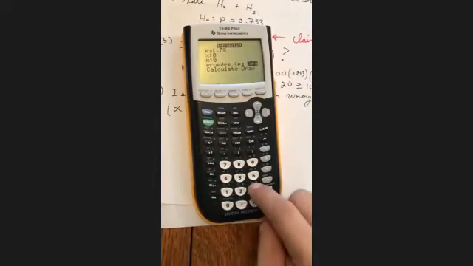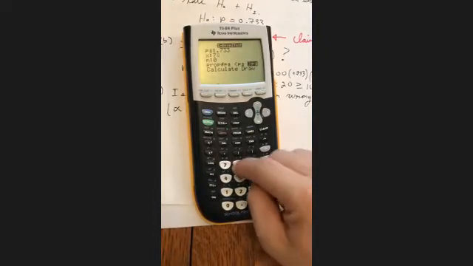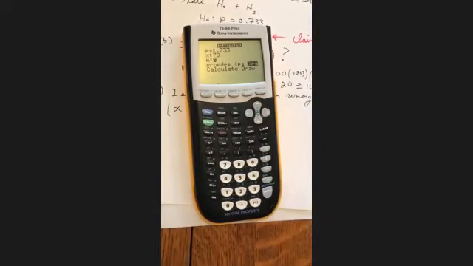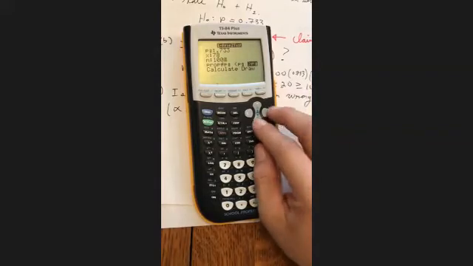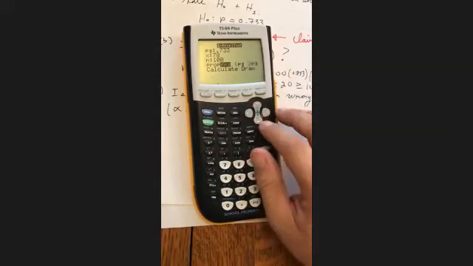So that's 0.733. We need to know how many people in a sample covered their mouth when sneezing, out of how many, which is 100. And what is the test? We're testing not equals to.